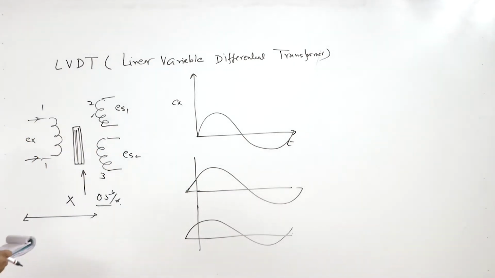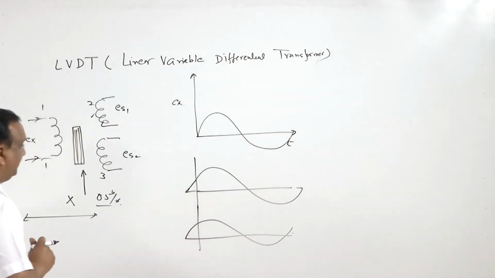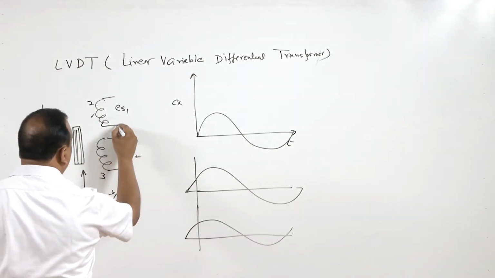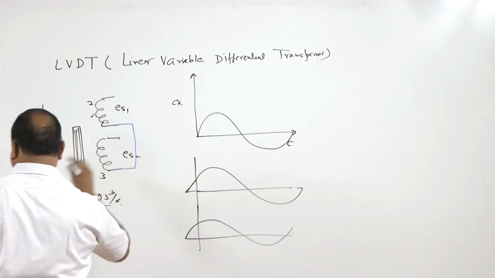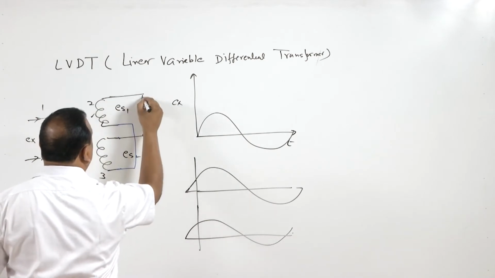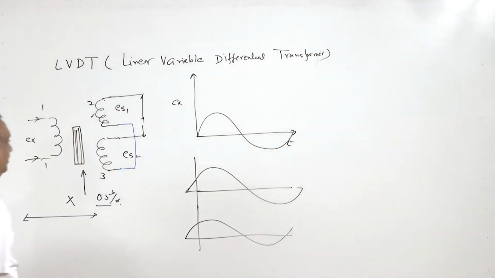Now, if I reverse the polarity, I mean if I connect 2 to 4 and measure the voltage here, that is why we take two coils.